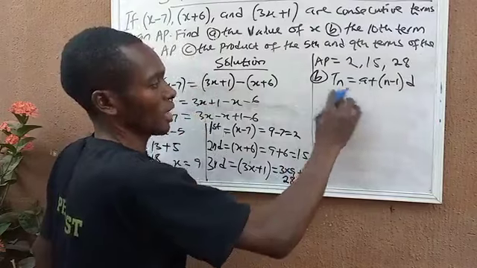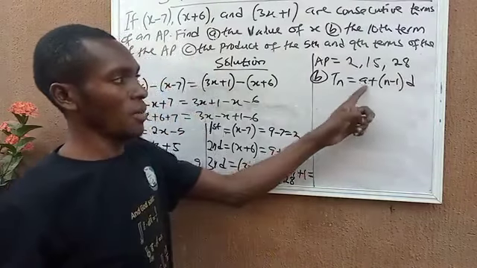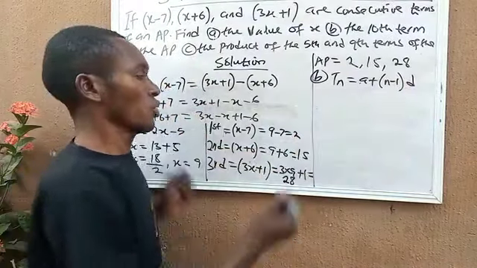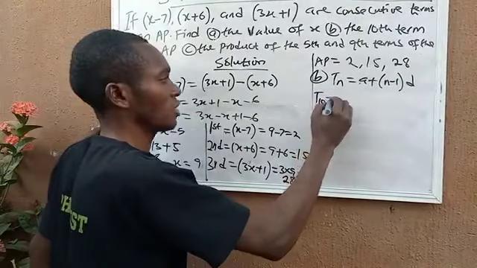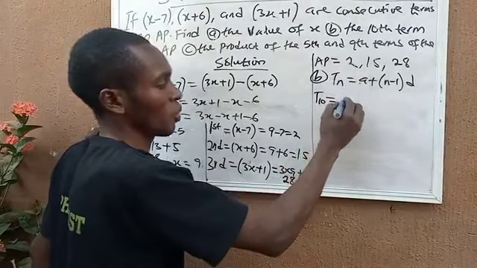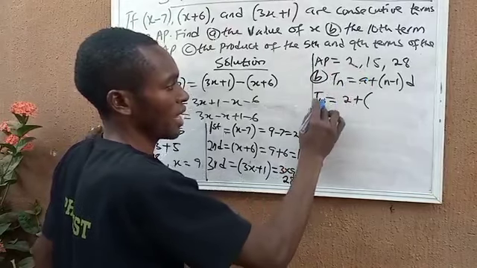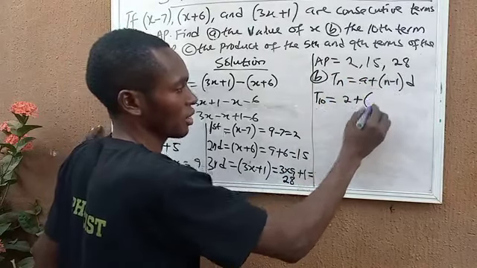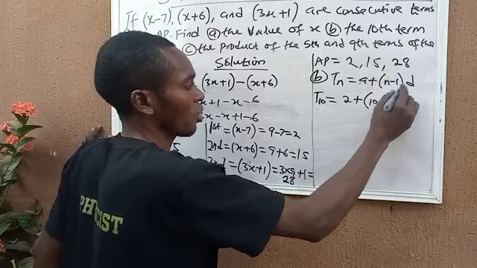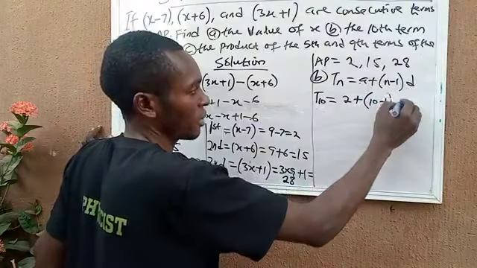So we need the first term and the common difference. So we have T10 is equal to, what's our first term? It is 2. We have 2 plus, the term n here is 10, so 10 minus 1, multiplied by D.